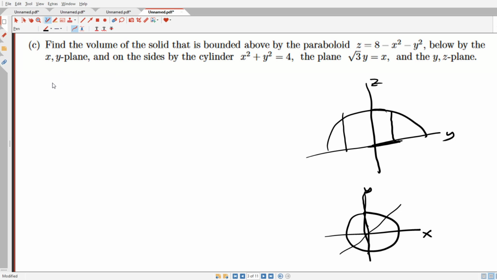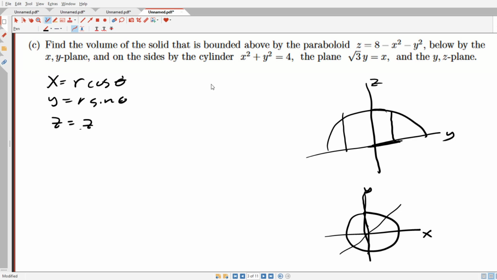So x is equal to r cosine theta, y equals r sine theta, and z equals z.